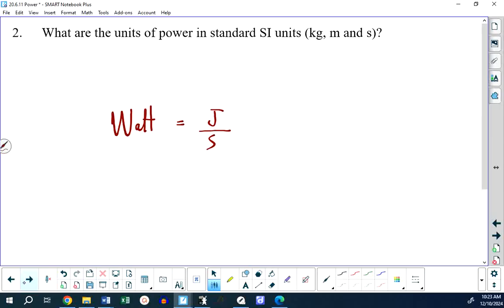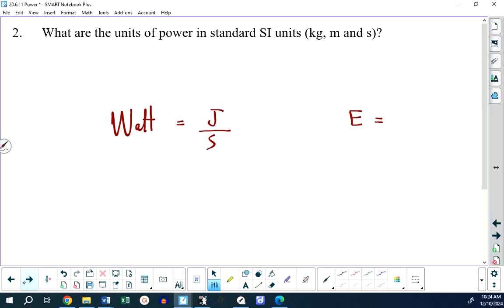This is units. But although a second is a standard unit, a joule is not a standard unit. So how can we write a joule in standard units? The answer is to grab any formula you want that has energy in it, because energy is what the units of joules give us.